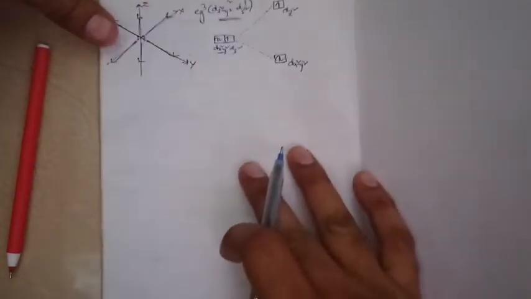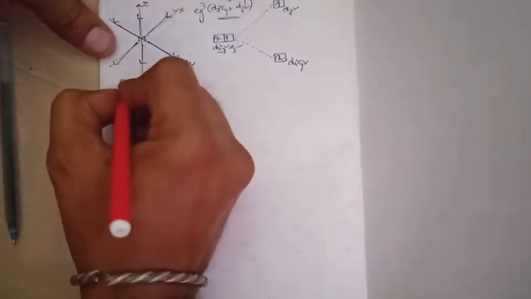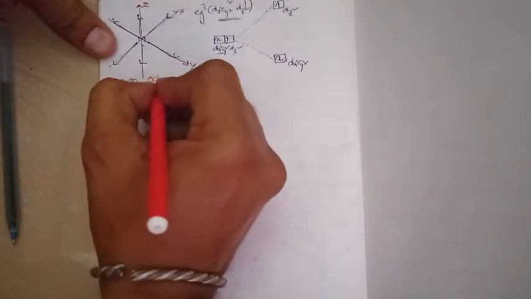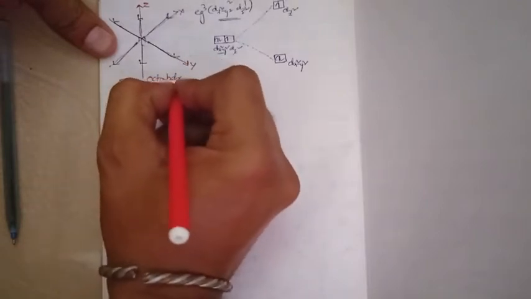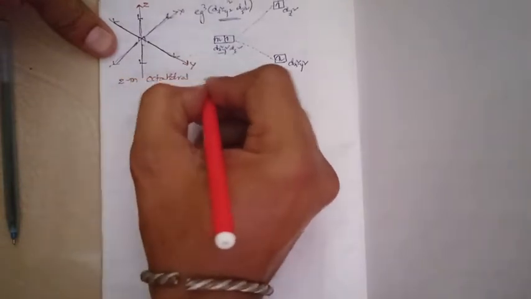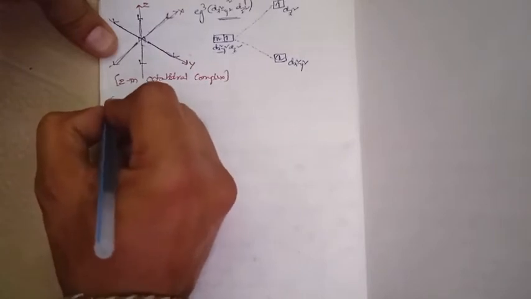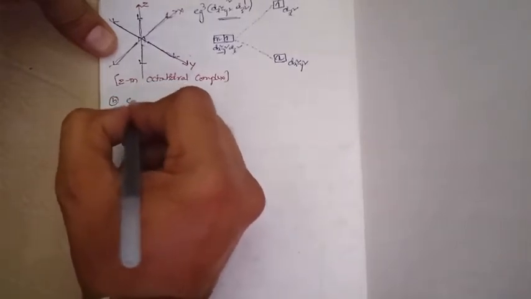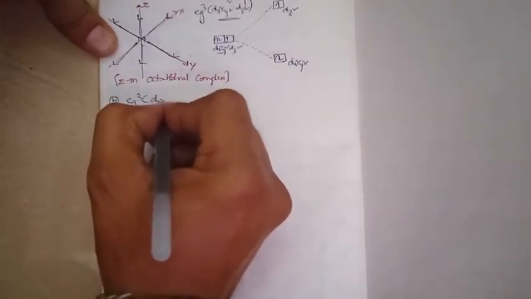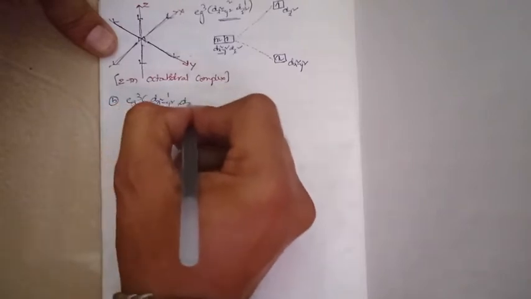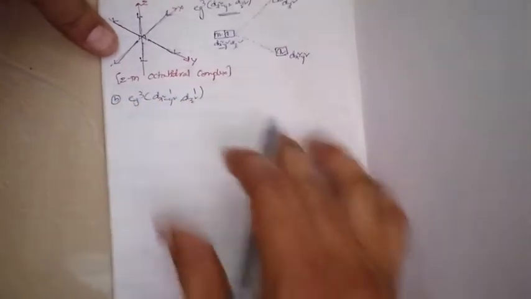This is the first case, where the Jahn-Teller structure is a distorted octahedral complex. Okay, so in the second case, Eg3 has dx square minus y square with 1 electron and dz square with 2 electrons.